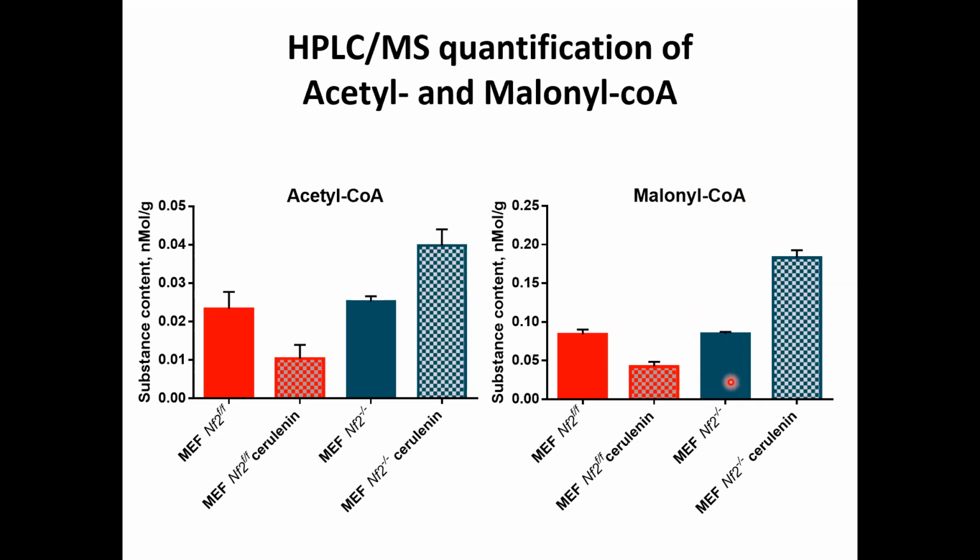And when we add cerulenin, again, the control cells, the healthy cells, just stop metabolizing and try to wait until the cerulenin is washed away. And NF2 deficient cells, on the opposite, as their metabolism is much higher, they cannot just stop and they start accumulating malonate. And that actually starts apoptosis, a certain chain of pro-apoptotic gene activation by malonate.